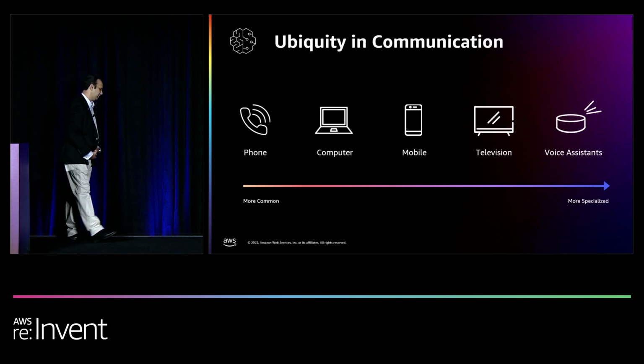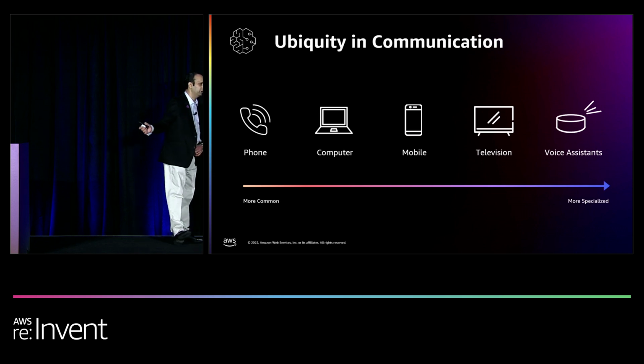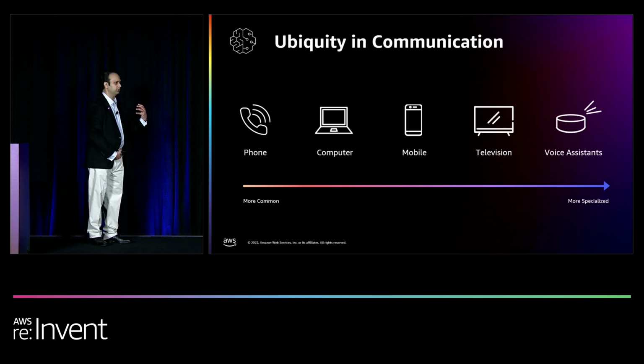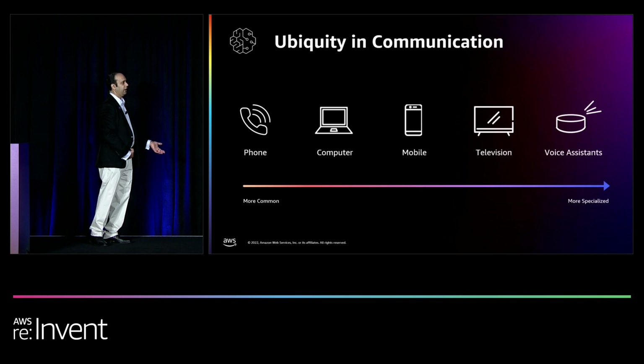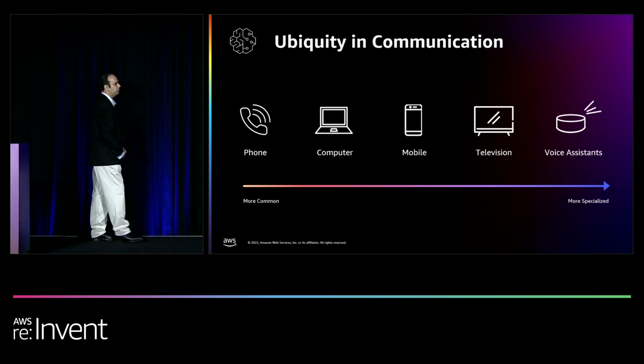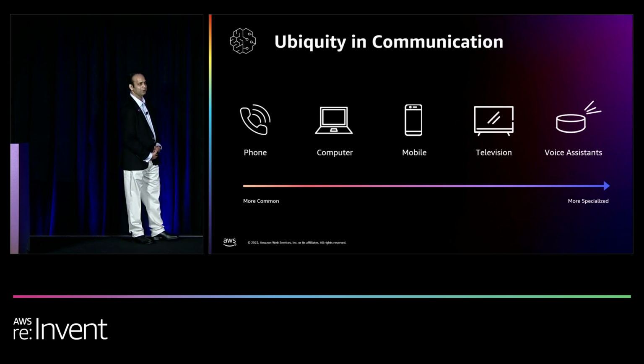A classic example is if you're staying at the Wynn next door, they've put an Echo in every room. You can imagine being able to drive things like calling the concierge or room service, or calling certain other endpoints within that hotel. So again, it's about ensuring the customer can engage with the organization using the device that they're most comfortable with.